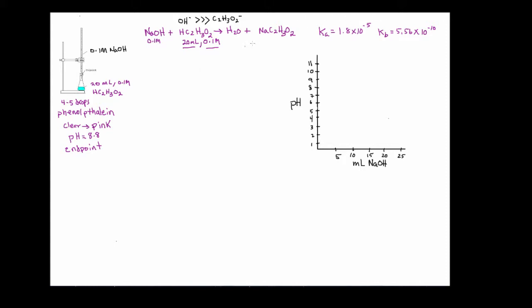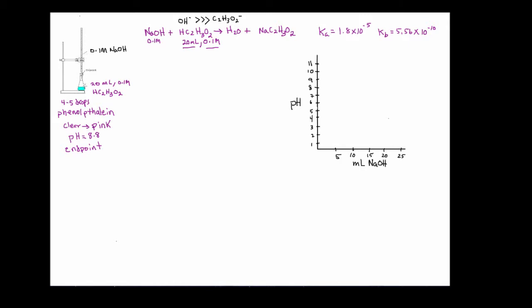First and foremost, you should be comfortable with doing weak acid calculations and weak base calculations using Kas and Kbs. Secondly, it's important for you to understand the basic definition of a neutralization reaction and be familiar with a general titration where we have some kind of base or acid in a burette.